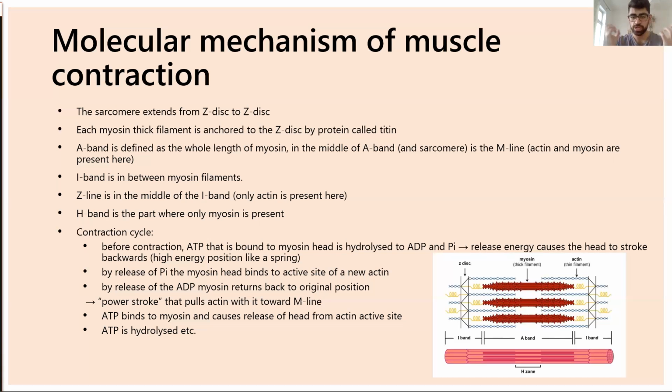So the reaction itself causes the movement of the head, like a spring. And as it does this, it reveals a new site for binding, basically. And when the ADP is released from the molecule in its bound form, the myosin will return back to its original position.